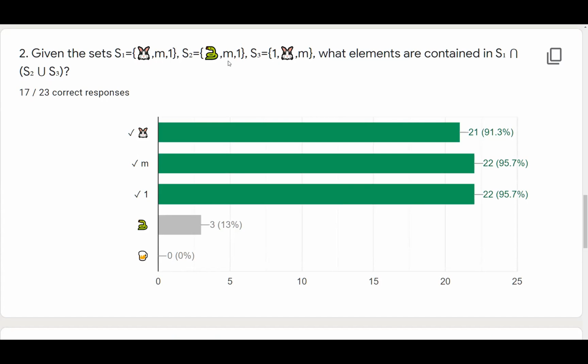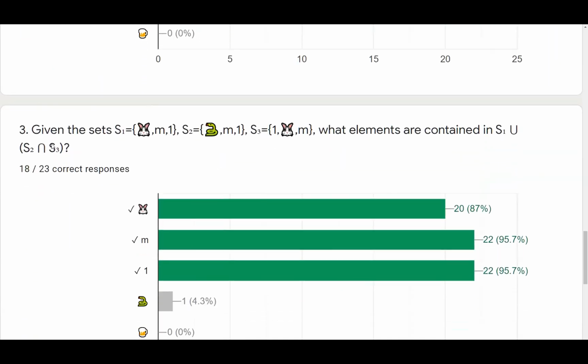So that's snake, M, 1, where M and 1 were already there, and then a rabbit. So that's a 4-element set, right? And then we take the intersection of this 4-element set with S1, which is rabbit, M, 1. And what do we get? Well, 1, rabbit, M were already in S3, so the intersection with S1, that's true. But the snake was also inside this union, but it's not in S1, so it's not part of it. So the right answers were 1, M, and rabbit. All right. Okay. Thank you. No problem.